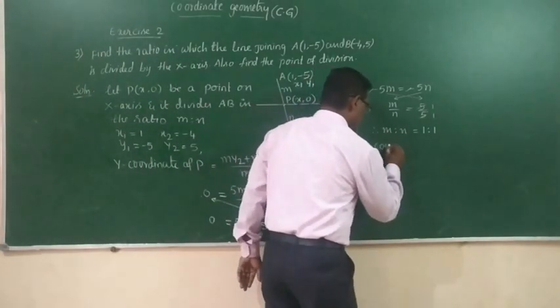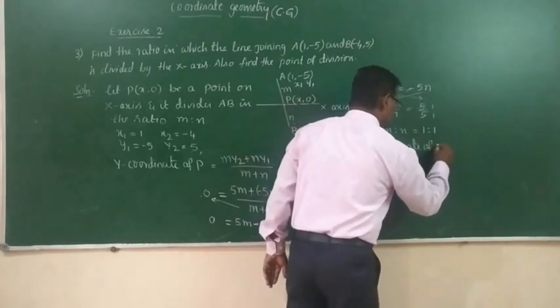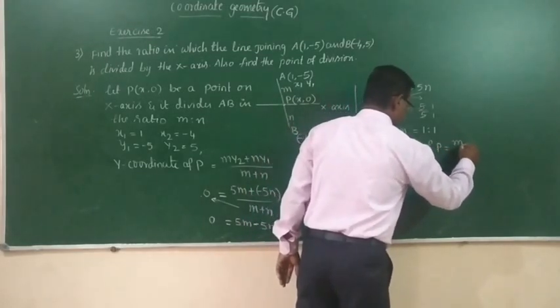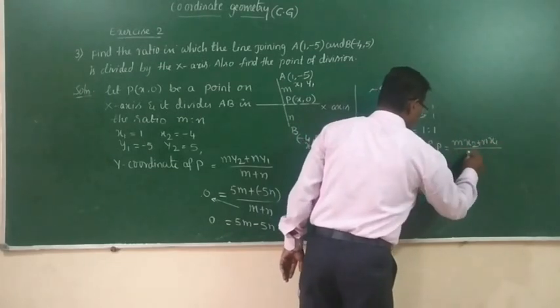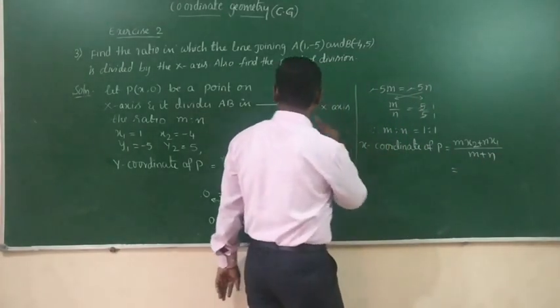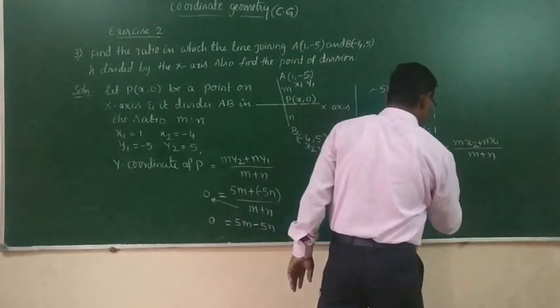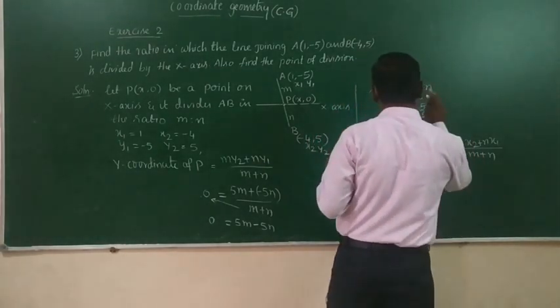So, using this ratio, we can find the x coordinate of P also. We have the section formula (mx2 + nx1) by (m + n). The x coordinate of the section point is x. The m value is 1, and the n value is also 1.